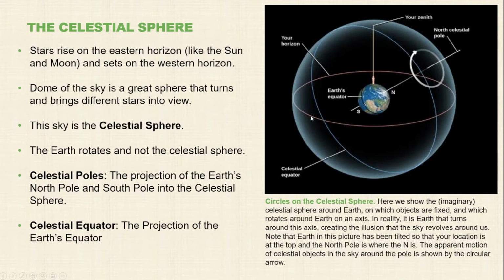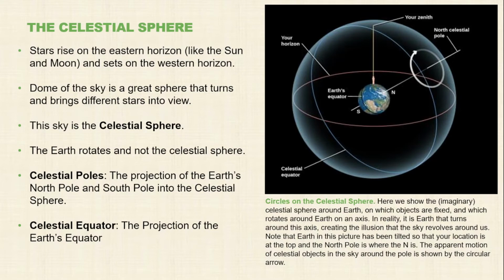We call that a celestial sphere, which is kind of projected outward from the earth. So whatever stars we see out in the sky, it's as if all those stars are embedded in this imaginary sphere, which is basically the dome of the sky.